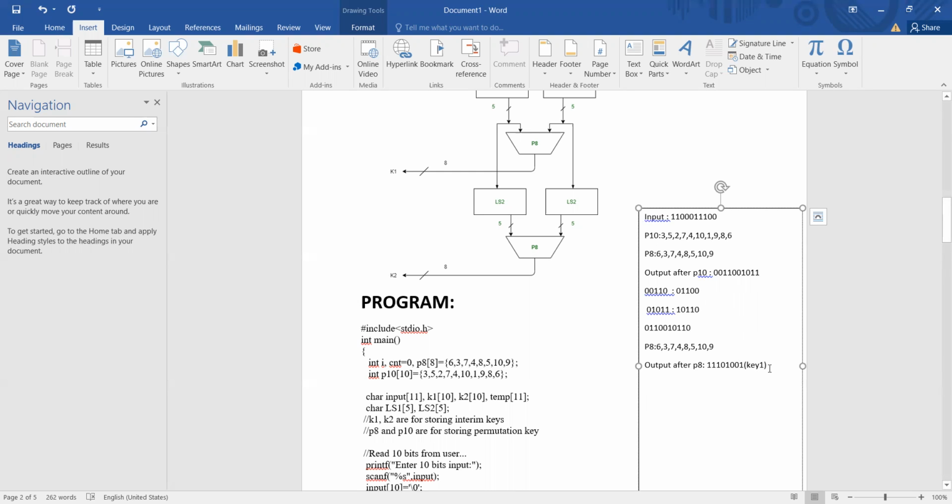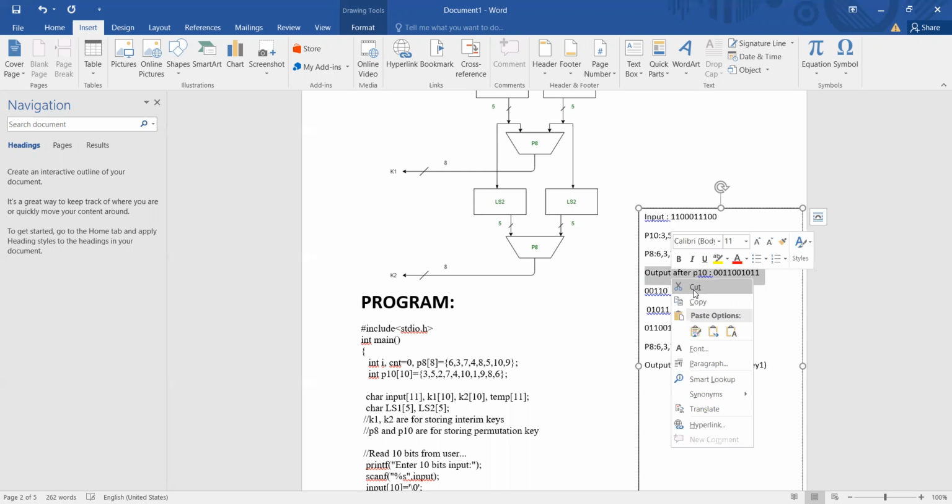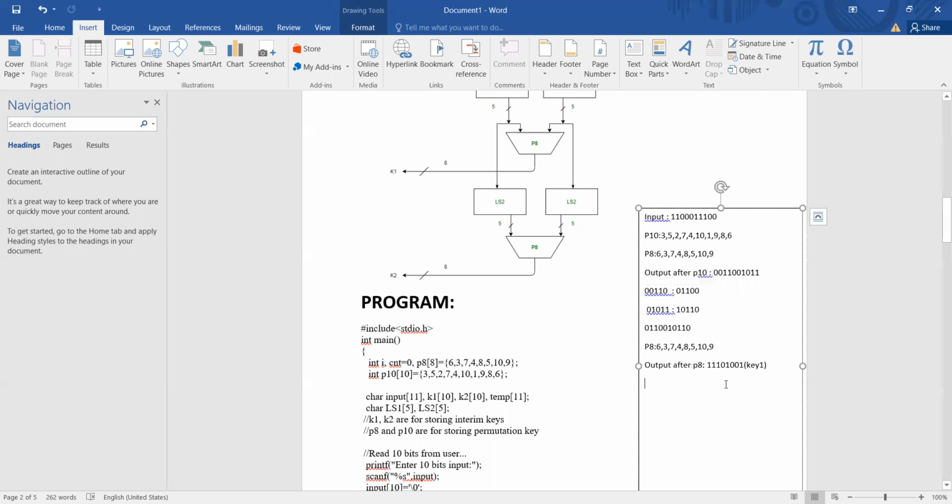So again we'll take the input, this one, and this is our input. Now we have to divide this into equal parts. Double zero, double one, 0 will be one part, and the second part will be 0 1 0 double 1.